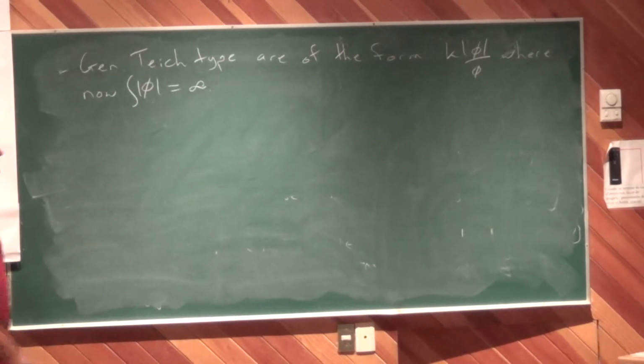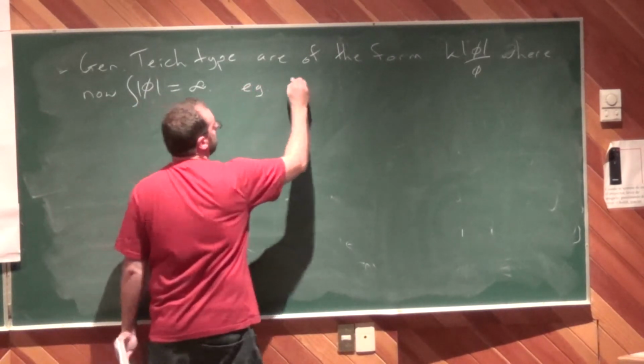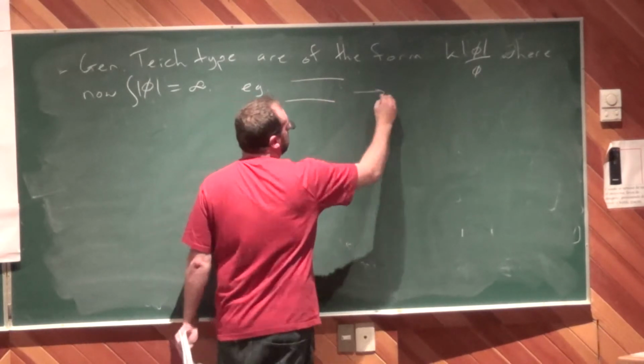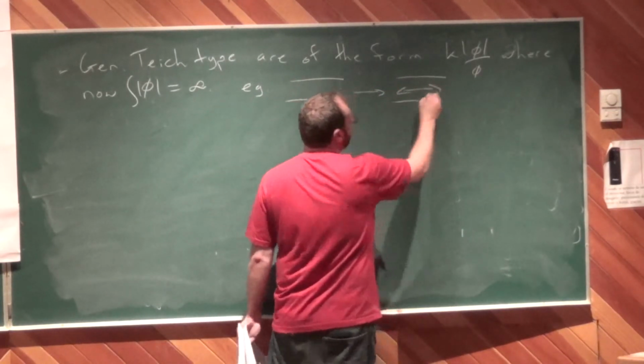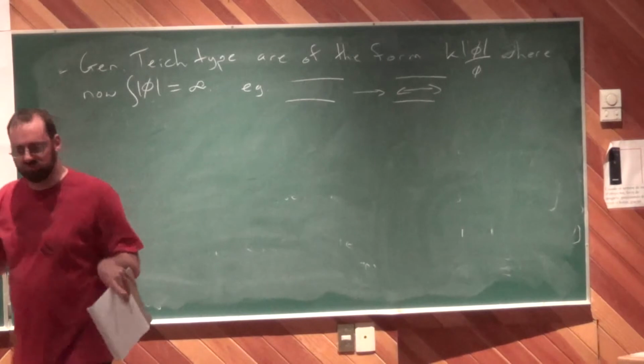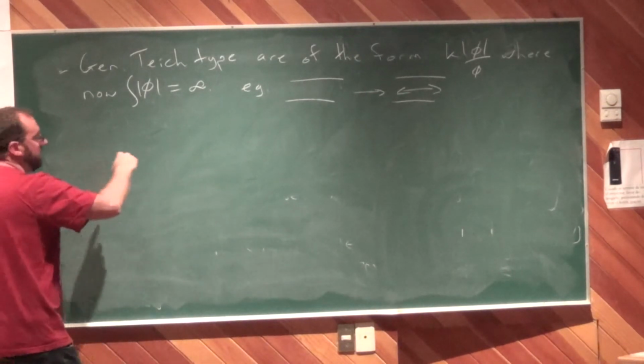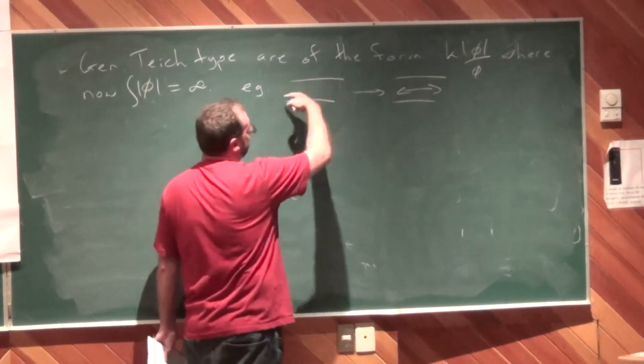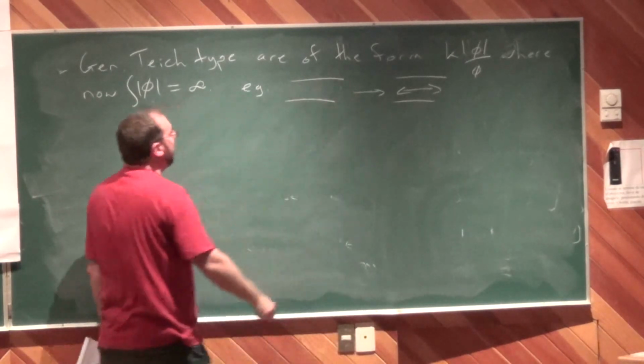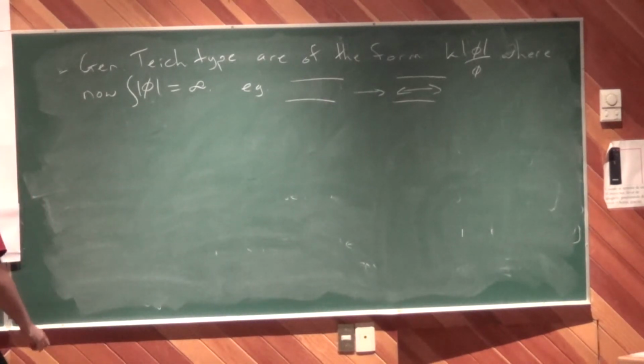So, an example of this would be the infinite strip and just stretch it. The corresponding quadratic differential for this is just the identity, 1 dz squared, and that integrates to give infinity.